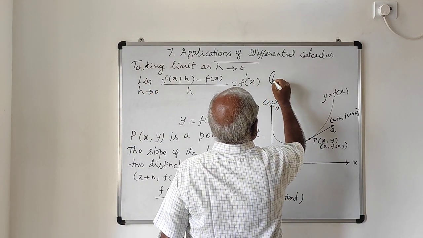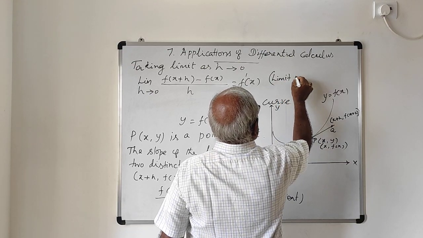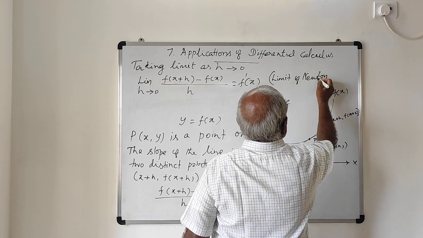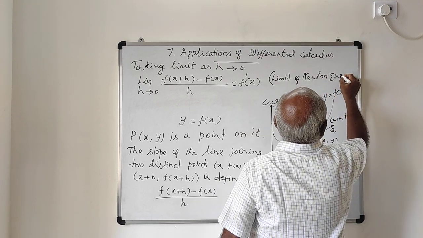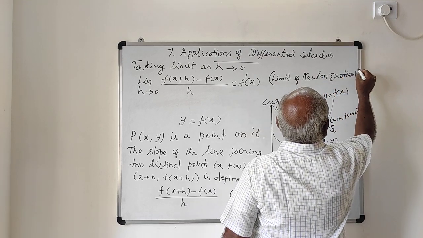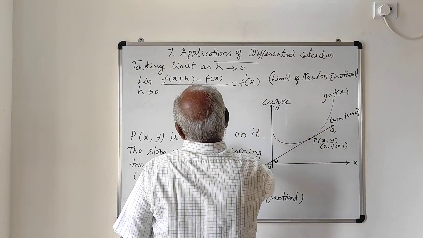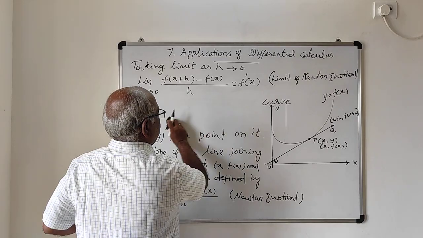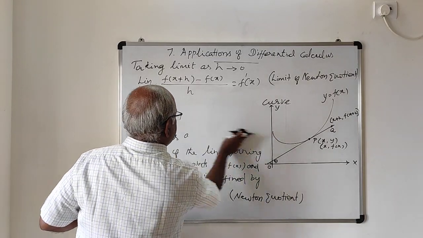This is called the limit of Newton quotient, and this is called the derivative of f of x, and also it is called dy by dx.